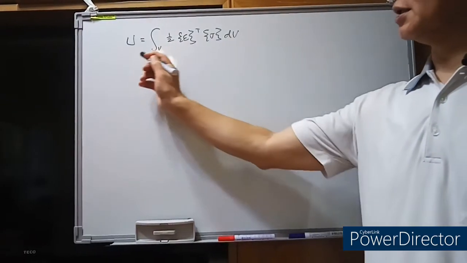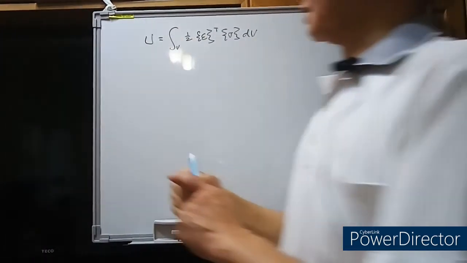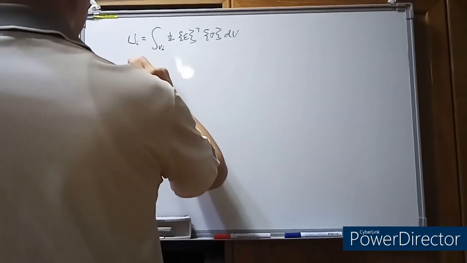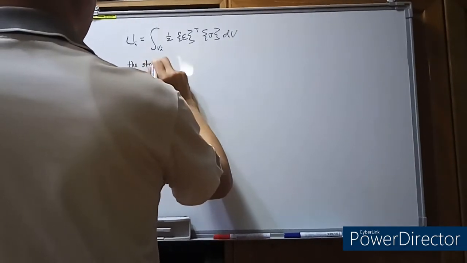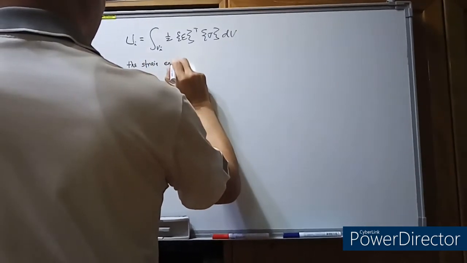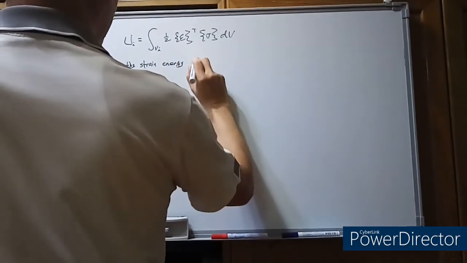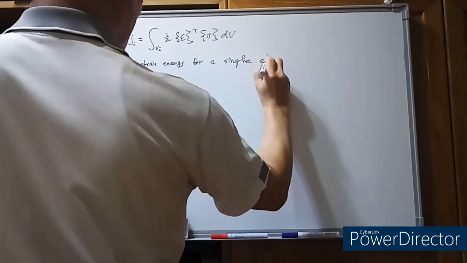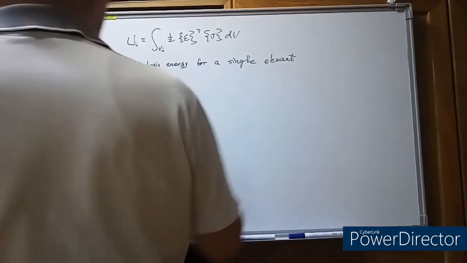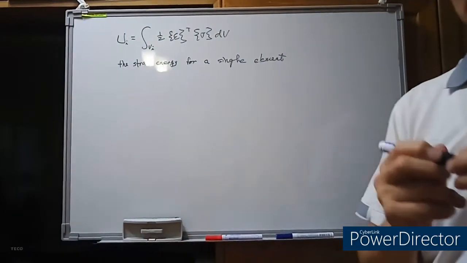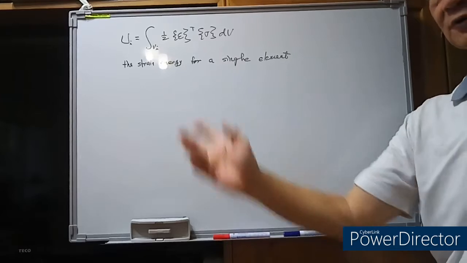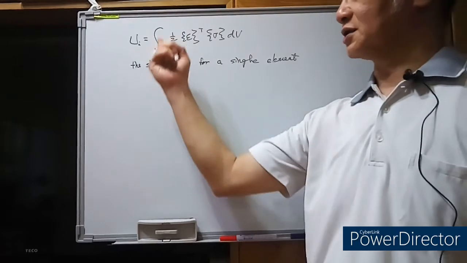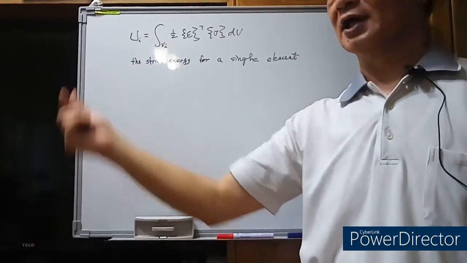So you can add a subscript for the strain energy for a single element. How can we calculate the strain energy for a single element? And the strain energy for the entire structure will be the summation of the strain energy for all the elements.